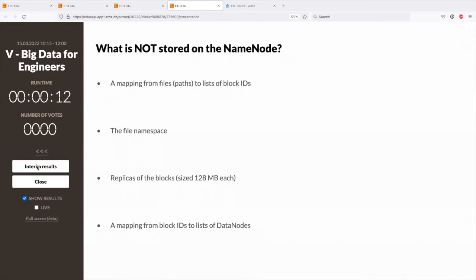Or is it the file namespace? Or are these replicas of the blocks that are 128 megabytes each? Or is it a mapping from block IDs to lists of data nodes? Three of these are actually stored on the name node, and one of them is not.